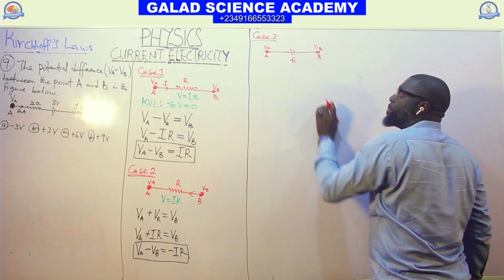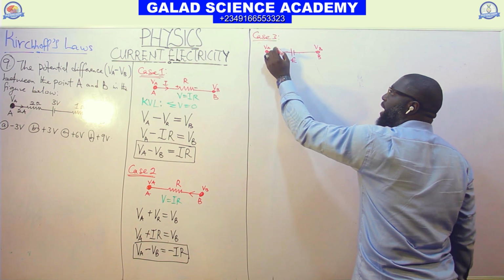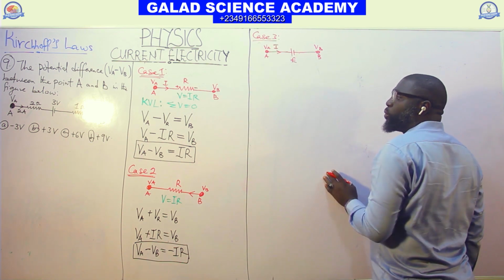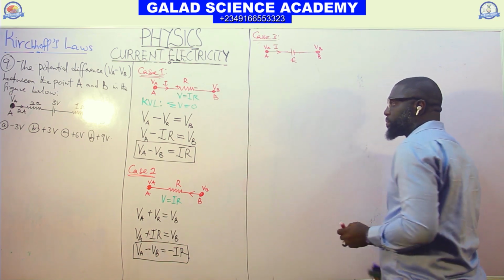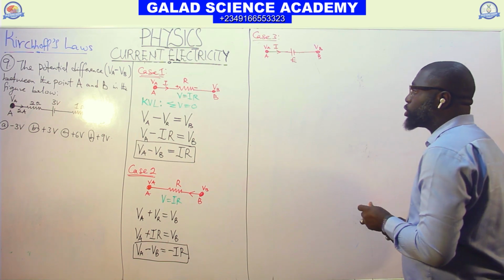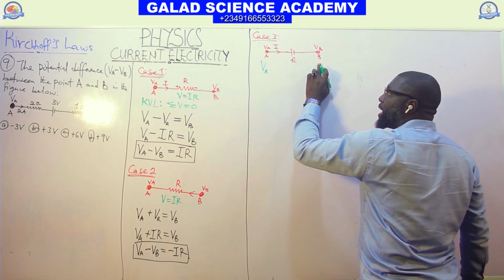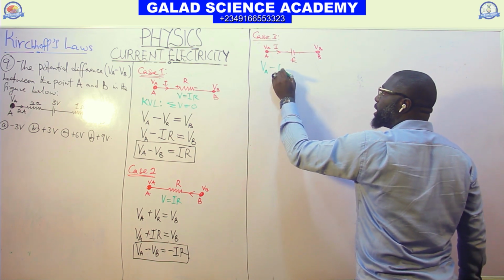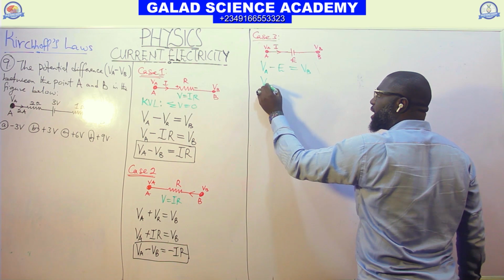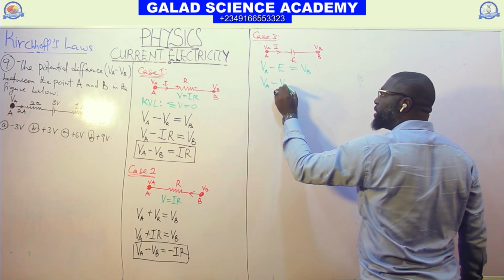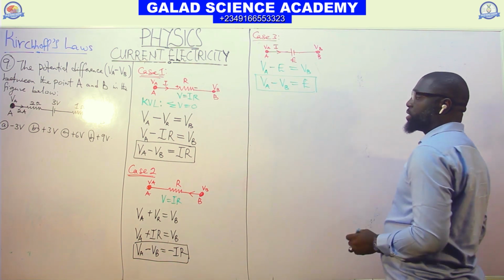This is the EMF of the battery, and the current is flowing like this, along the direction the current is flowing. So the potential difference here will also be VA minus E equal to VB. You now have VA minus VB to be E of the battery.